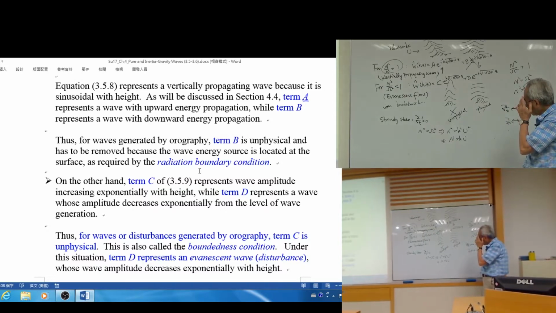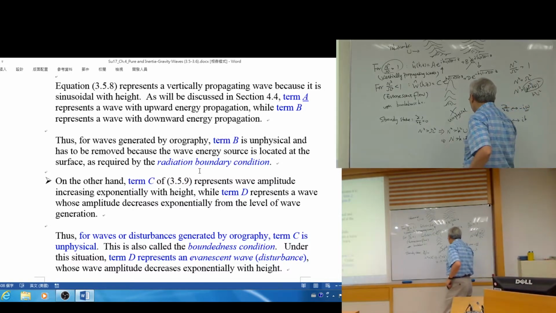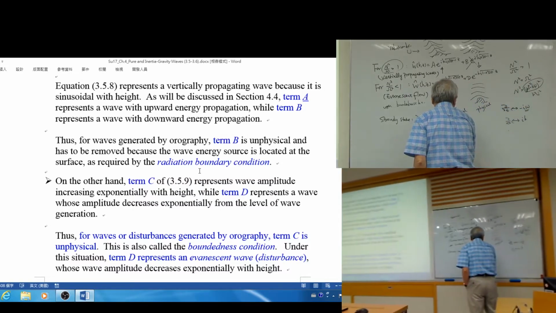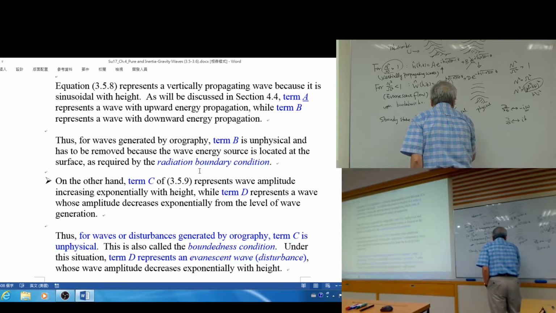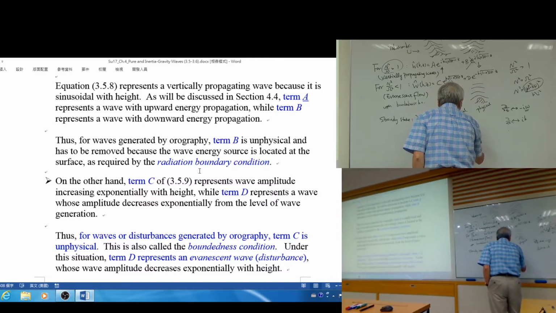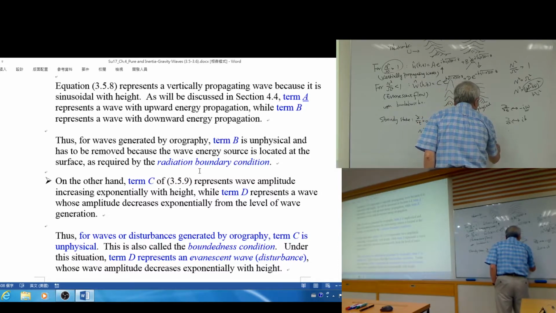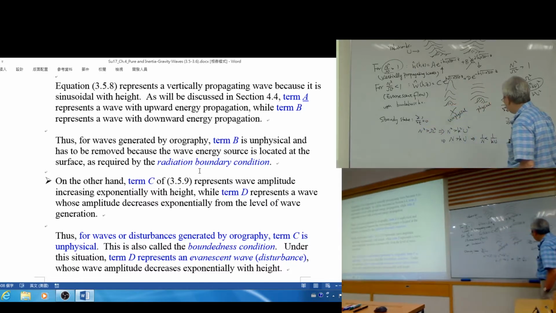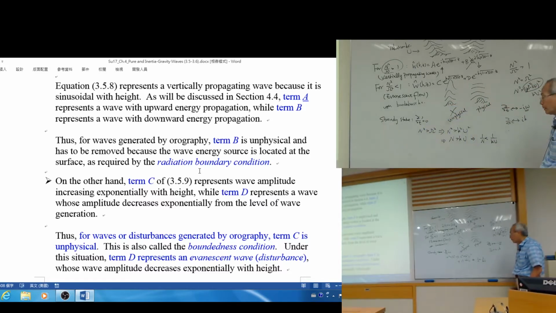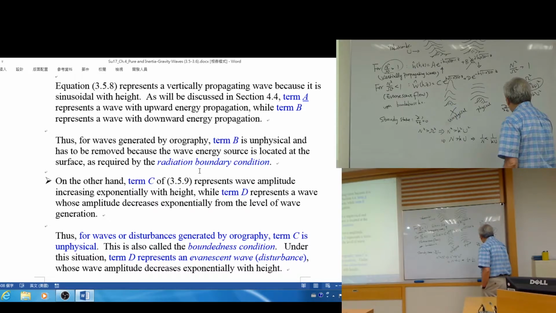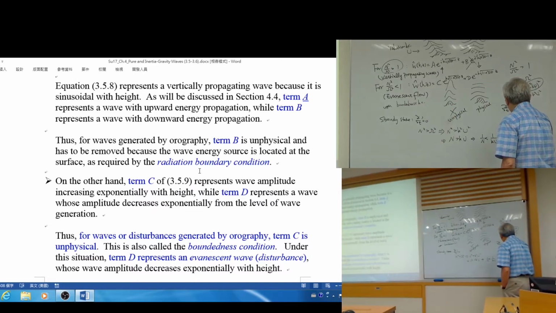So what does this mean? This means we have 1 over n less than 1 over ku, and this means 2 pi over n less than 2 pi over ku.